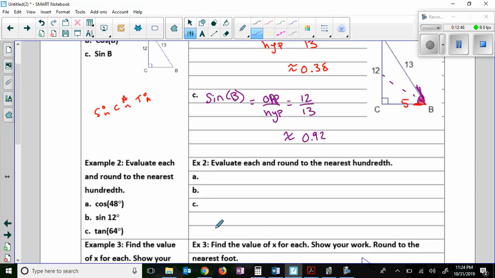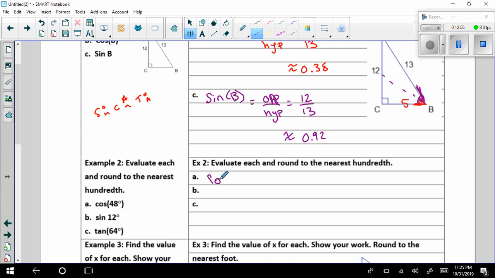Okay, so back to this. You are really just doing calculator work. So when it says cosine of 48 degrees, you are just typing that into your calculator and approximating it. So we're going to nearest hundredth.